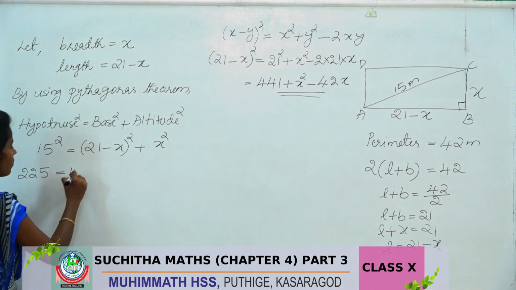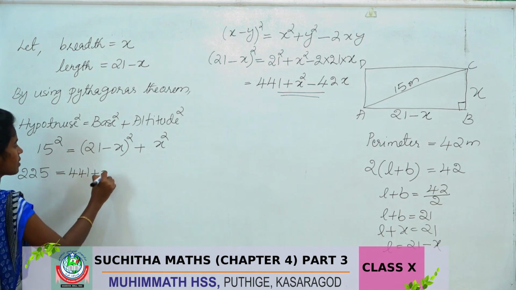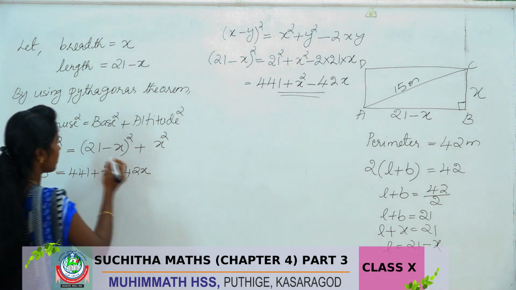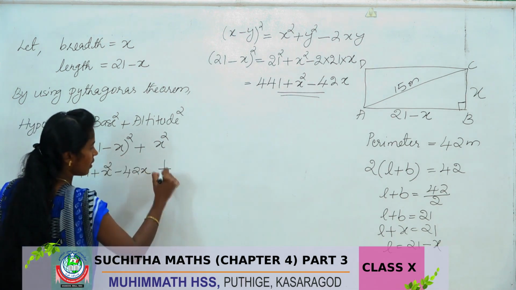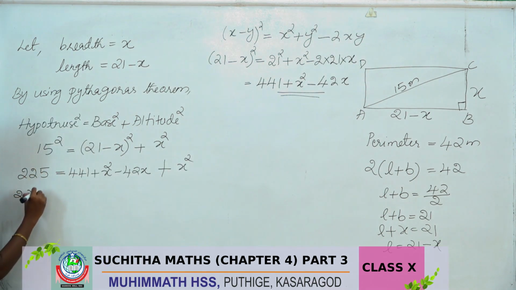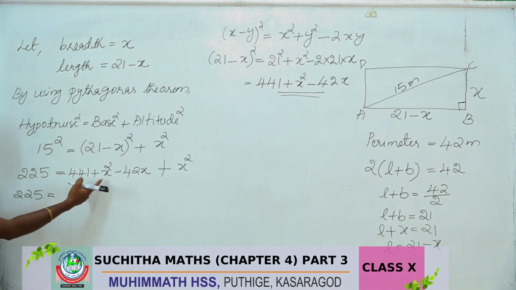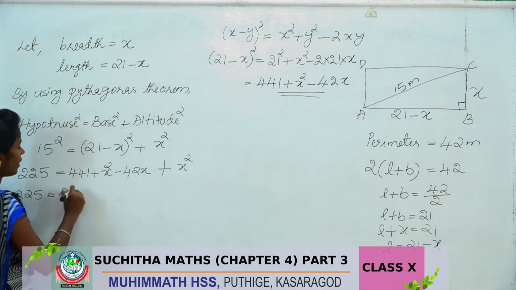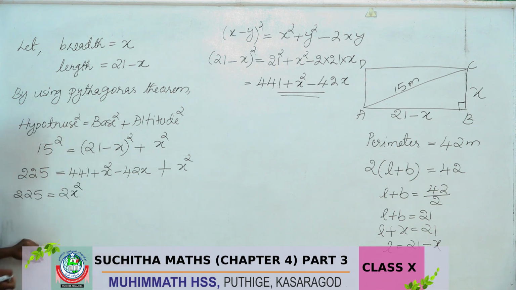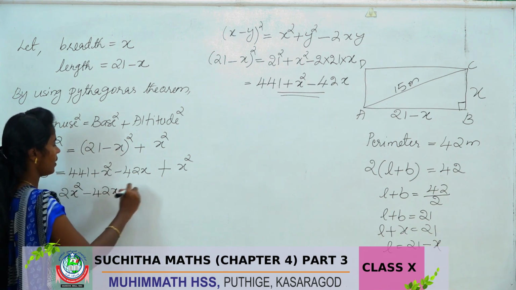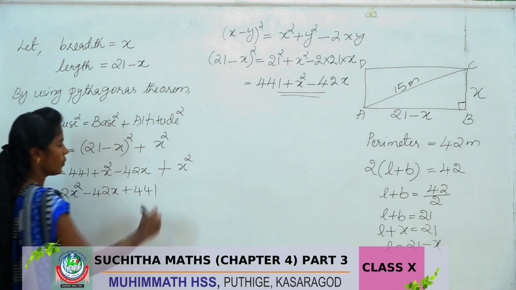It is 441 plus x square minus 42x, then plus x square, that is 225 equal to, here add x square. x square plus x square is 2x square, then minus 42x plus 441.